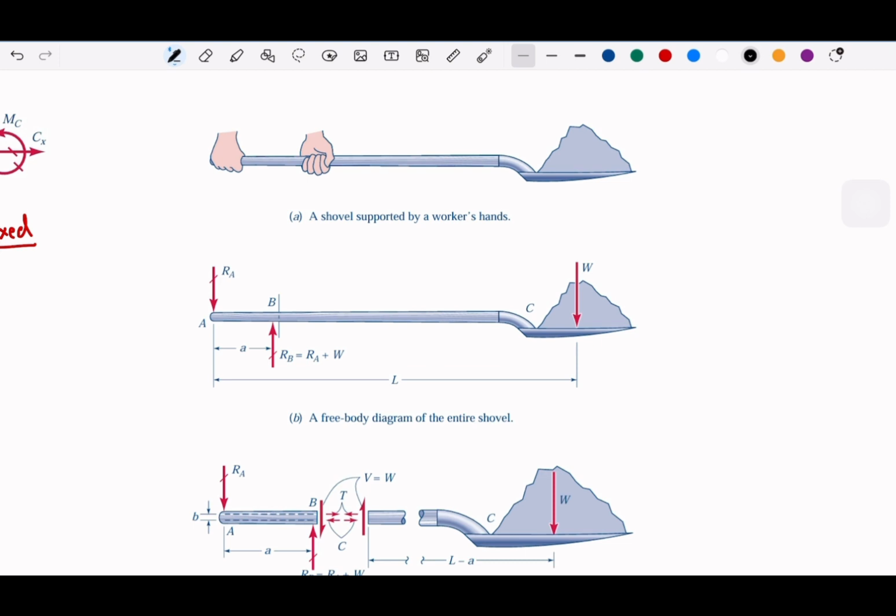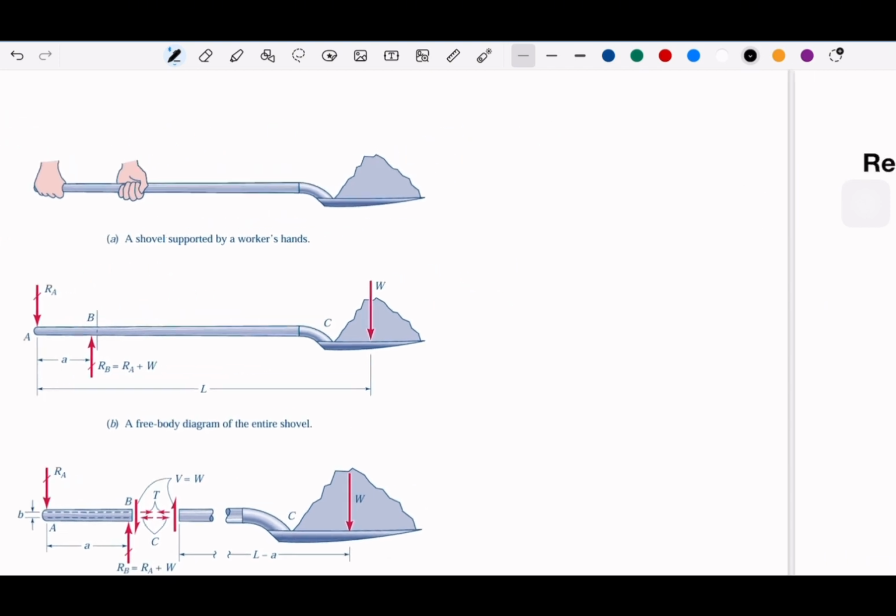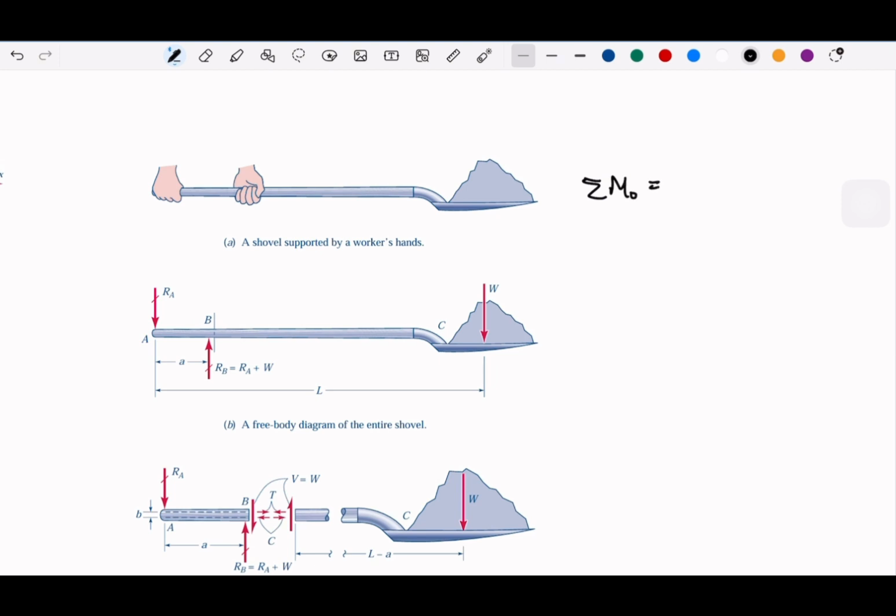You have weight with the dirt, or you have soil, and if we analyze, the length of the shovel is L. Suppose that between your hands we have the distance A. So for the reaction force because of the weight, at B the reaction force will be equal to the weight and your reaction force at A. And of course, using the moment, if we take this equal to 0, on the perspective of A, let's say this one is positive.